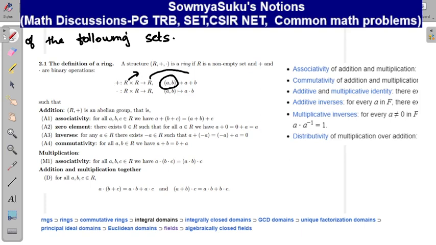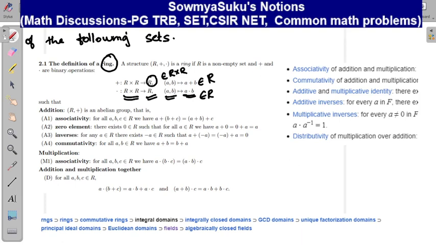So a + b belongs to R and (a, b) belongs to R × R. Understand this: this is the element belonging to R × R and this is the output belonging to R. The same way here also, this is the element belonging to R × R and this is the element belonging to R under the operation multiplication.